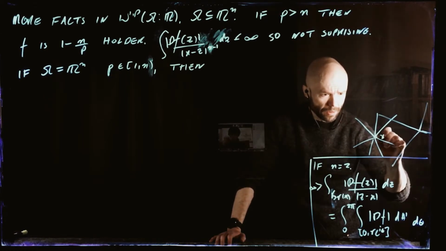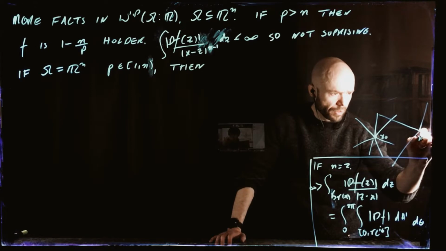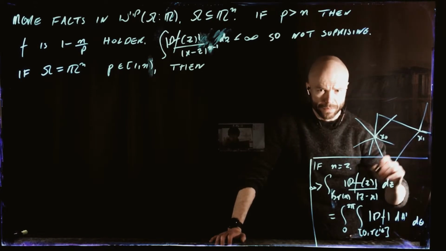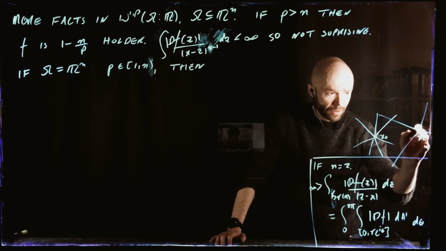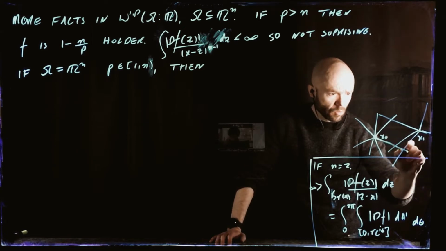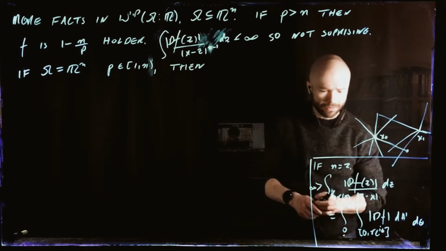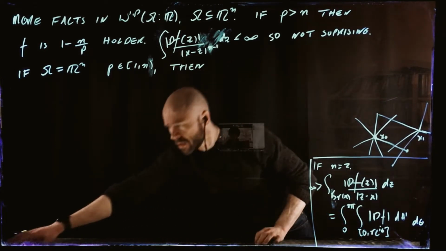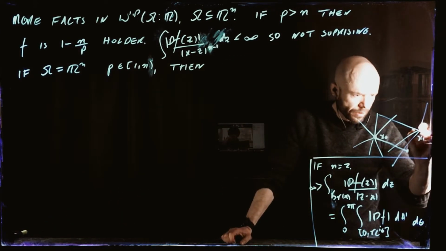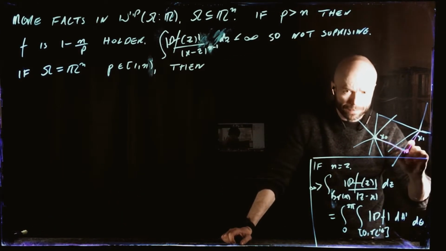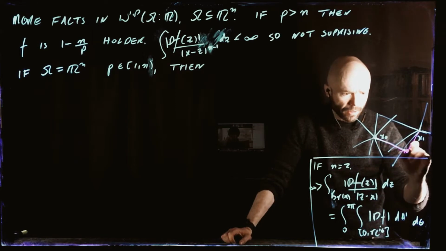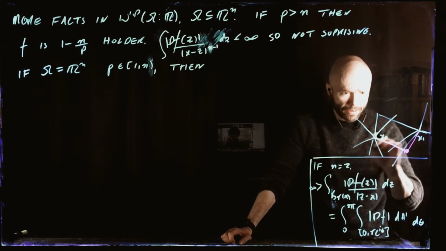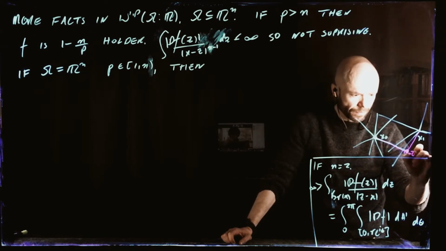So if this is a point x0 and this is a point x1, we're going to have control over at least one pair of lines emanating out from both of those points, like this, to some common point. And then we can consider the difference between f and this common point. Let's call it x tilde.